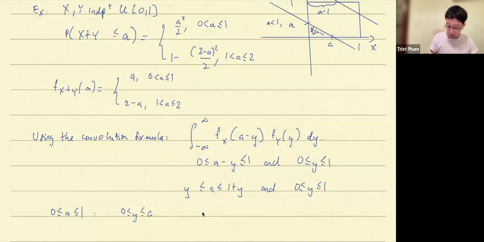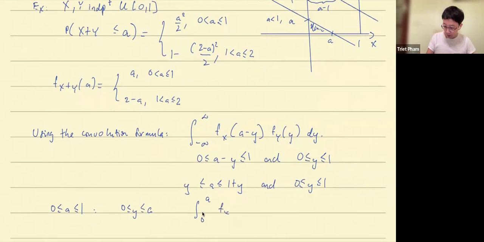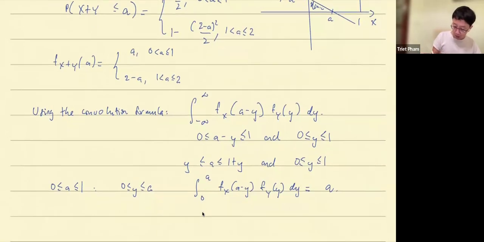If a is between 0 and 1, then these two conditions together give this. Then the integral is the integral from 0 to a of this, and of course they're both 1s, so that's just a.